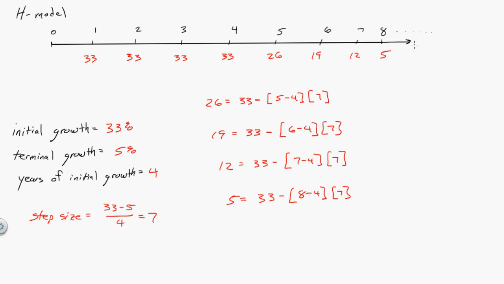If I continue to do this, and put in years 9 and 10, drawing this timeline out, it's going to take me down to minus 2 and minus 9, but I want to stay at 5. So I know, just in my head, that I'm never going to go below 5, so I'm going to be at least 5. So the max of 5 is in the formula.